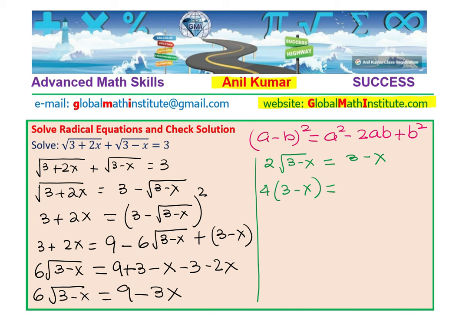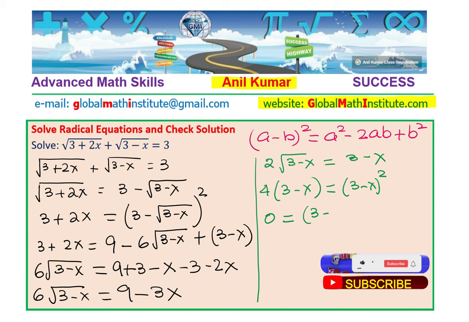Then we'll expand, okay? Perfect, not a bad thing, right? So we can bring them together to the left side or right hand side and then do it again. So 0 equals, I'm not expanding, I'm writing this as this minus 4 times 3 minus x. Makes sense? So which is 0 equals 3 minus x.